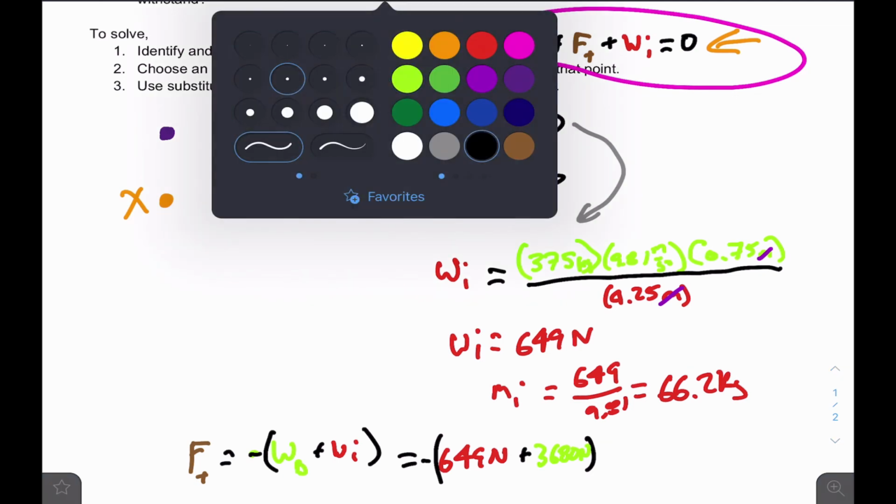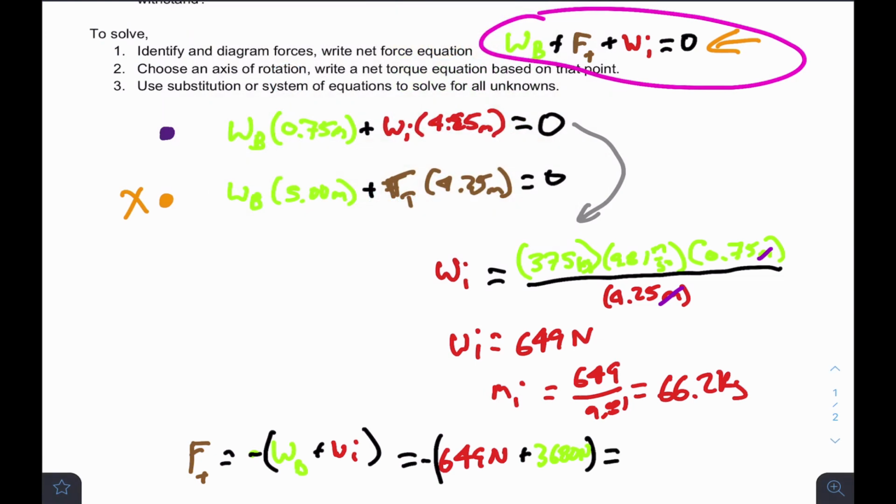So that means that the tension that the rope needs to withstand is the combined weight of those two, which is 4,330.